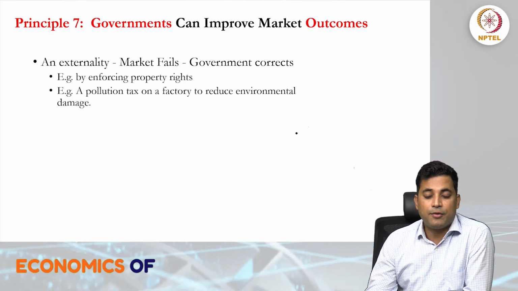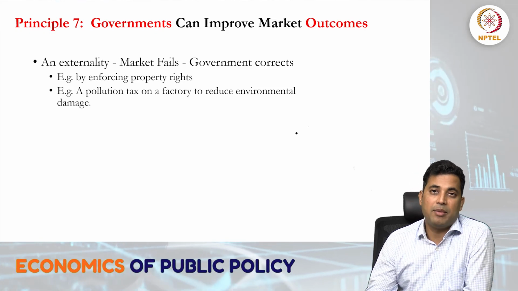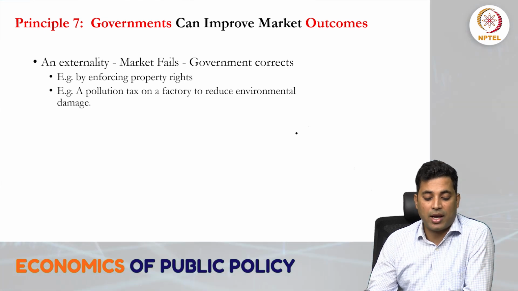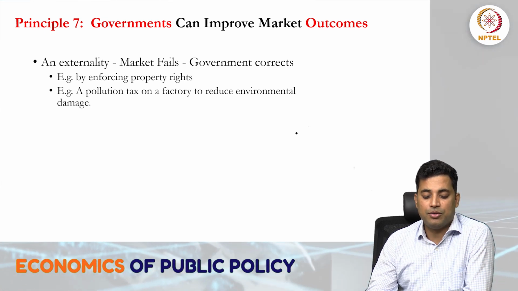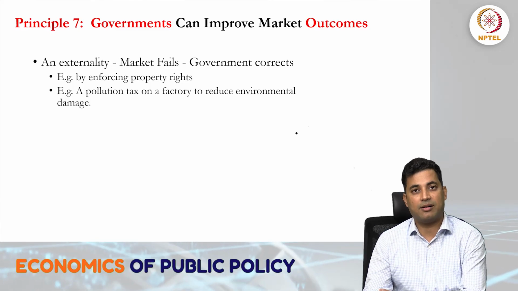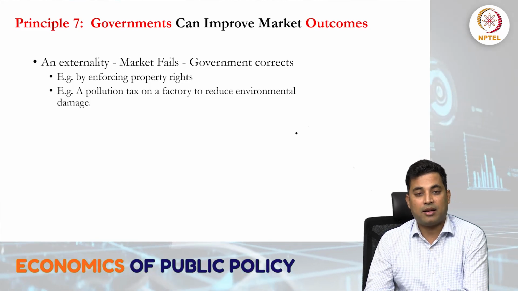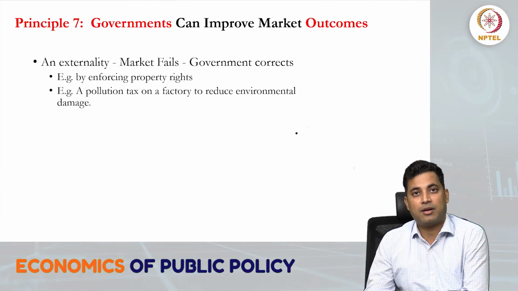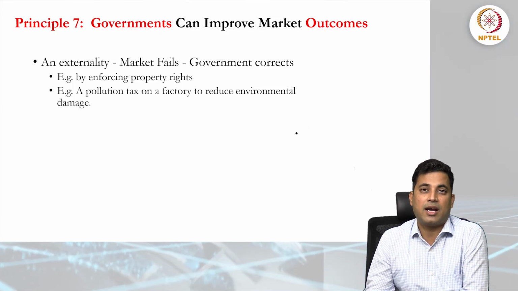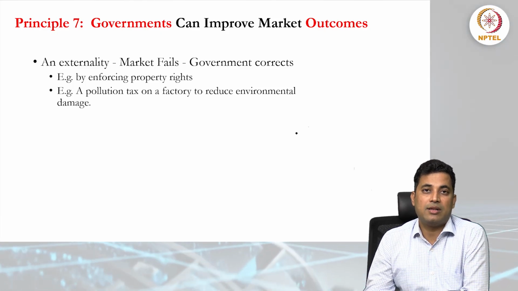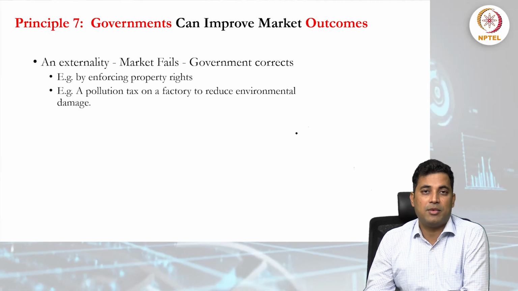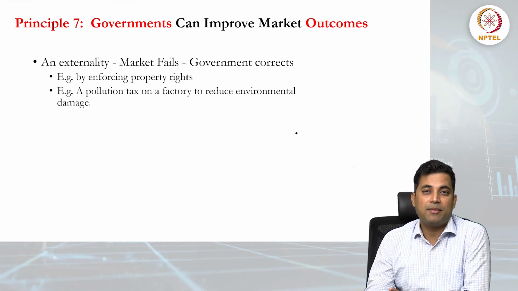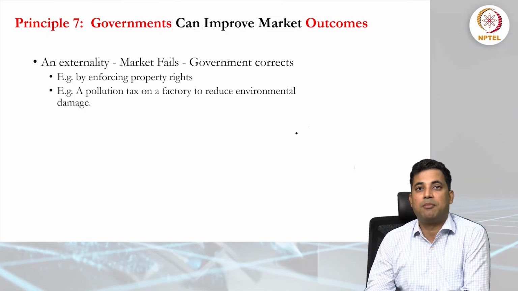So how can government intervene? Government can come and introduce a pollution tax on a factory to reduce environmental damage, and some corrective measures will be taken. If it is the case of a hostel, then of course hostel guidelines will clearly state that smoking in academic institutions or in the hostel is prohibited, and if somebody violates that, then corrective measures will be taken.